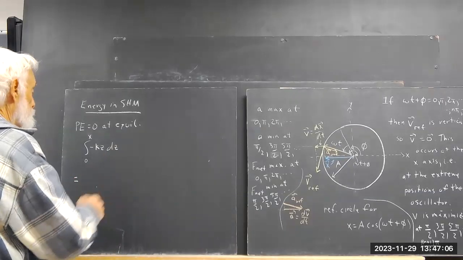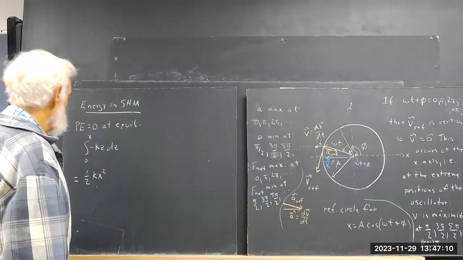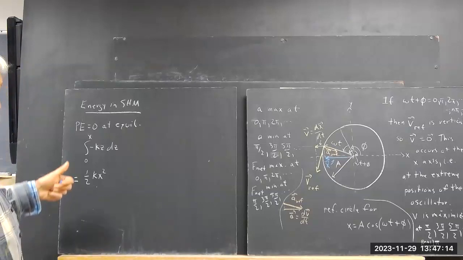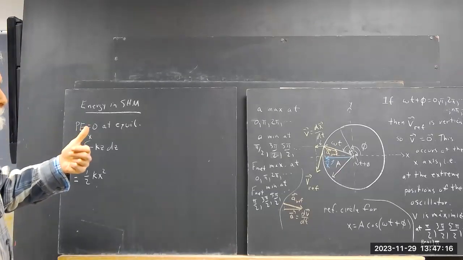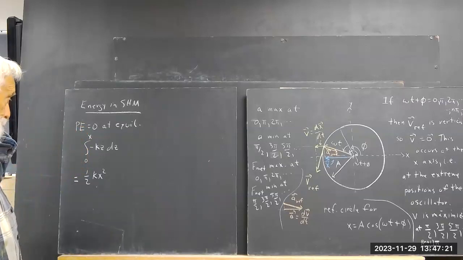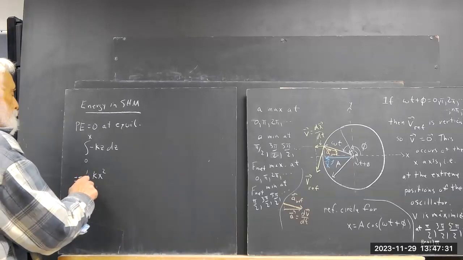That's probably not all that familiar, so I'll just use Z. And what's that integral? It's 1/2 KX squared. Okay. That's the work to get from equilibrium to X, and of course it's negative, okay?